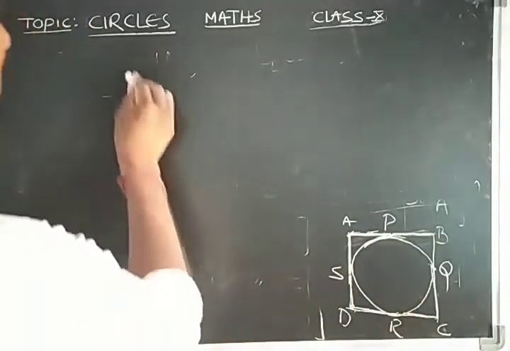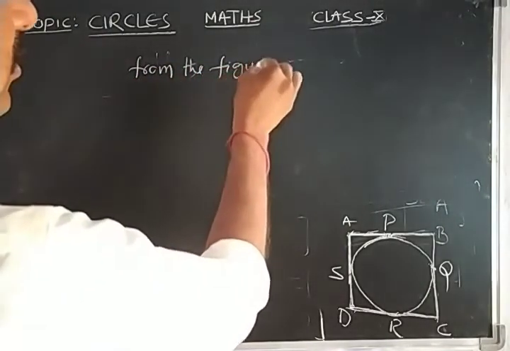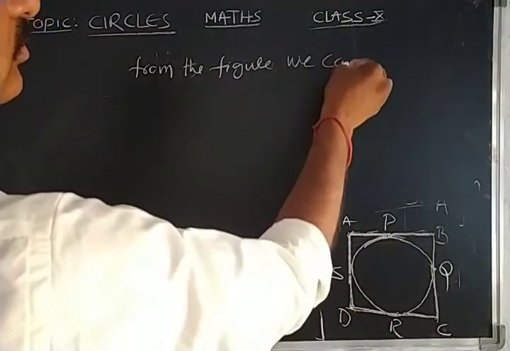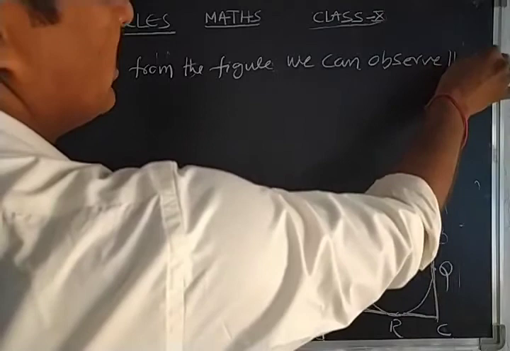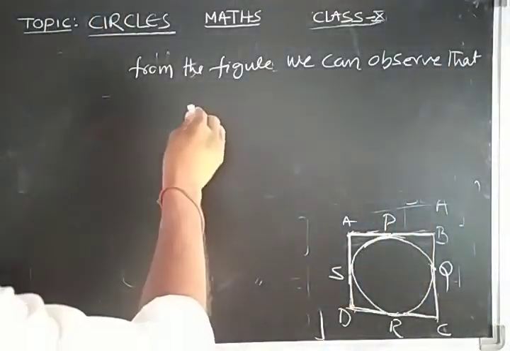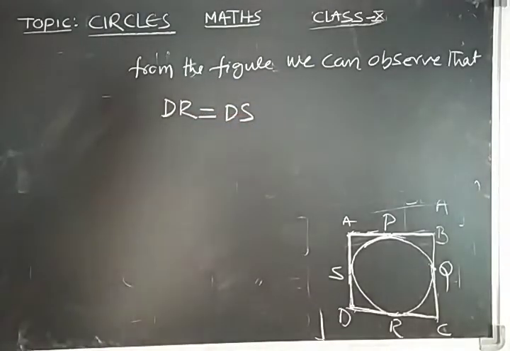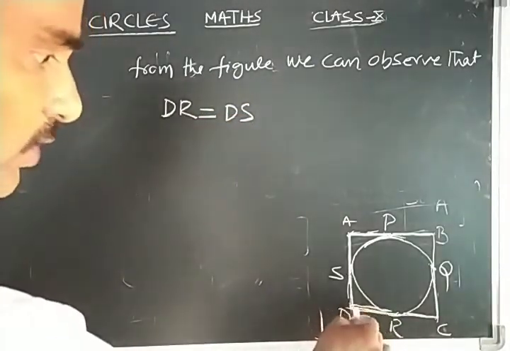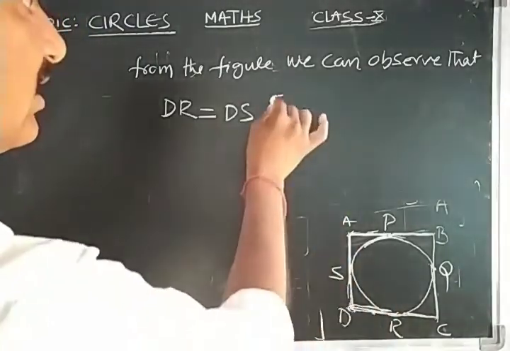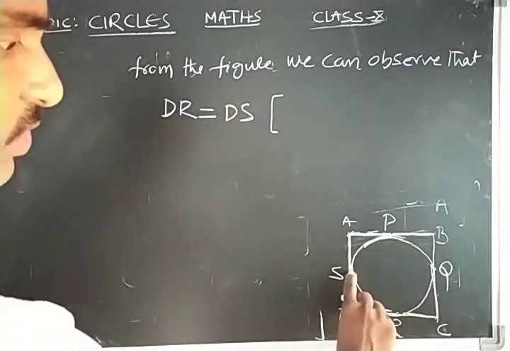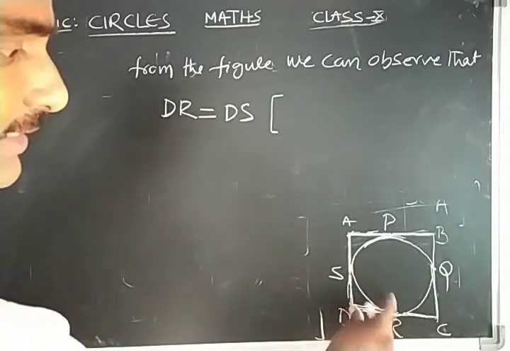From the figure we can observe that DR is equal to DS. Why are DR and DS equal? DR and DS are two tangents drawn through the external point D to the circle. So tangents are equal. What is the reason? Because from an external point, if you draw any two tangents to the circle, their lengths are equal.